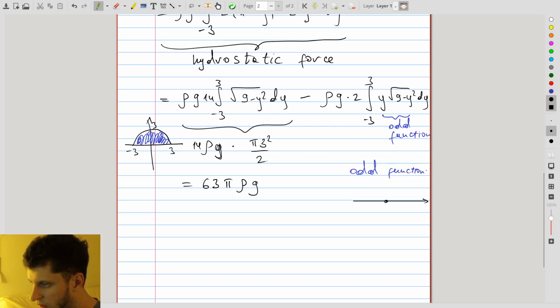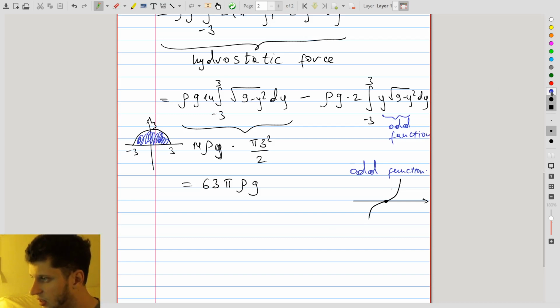So say this is the origin, and I must have something like this. Let's try to make it symmetric with respect to the origin, with slow growth, like that.